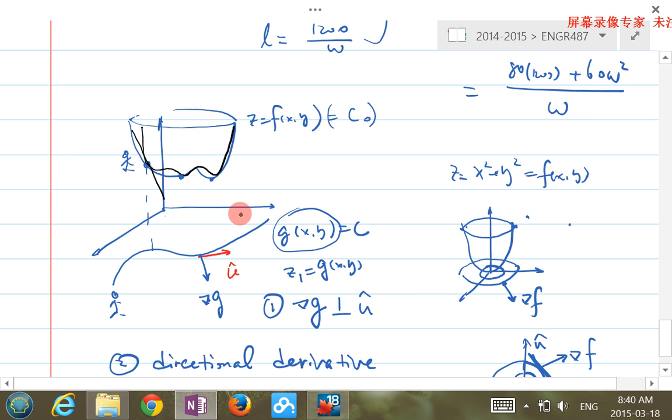So at this location, when you're walking in that u hat direction, there is a slope associated with that intersected curve here. And that slope indicates how fast or how slow, or the rate of change, of this surface at this location. That's the directional derivative, right?